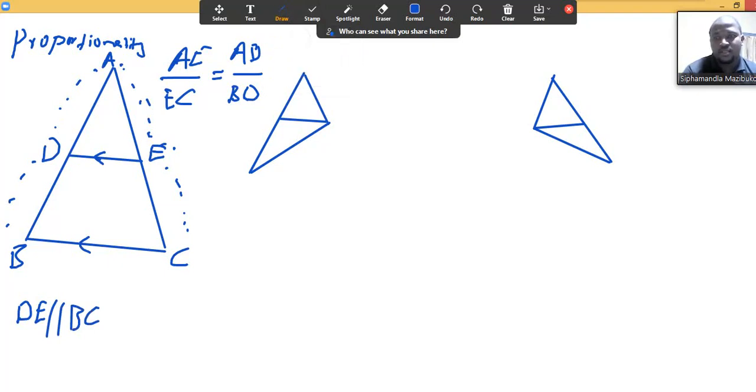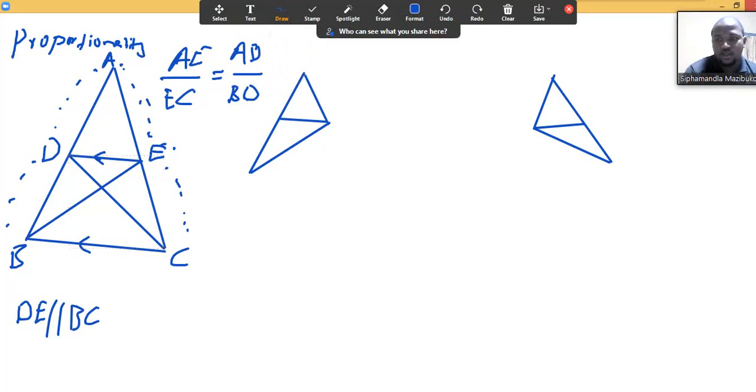Let's say we're constructing this line here. We construct this line, and we also construct this line here. So the first step is the construction.